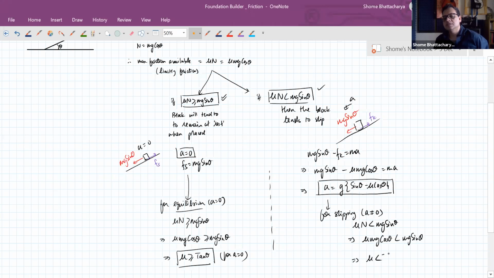So mu should be less than tan theta for acceleration to be non-zero, for it to slip. This is an important value to remember. Less than tan theta, slipping occurs. Greater than or equal to tan theta for mu, slipping does not occur.